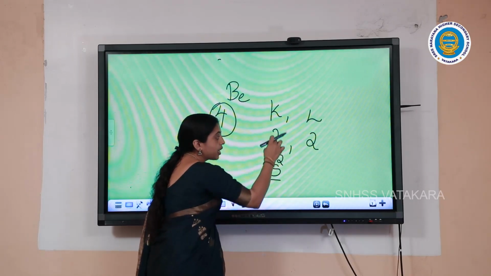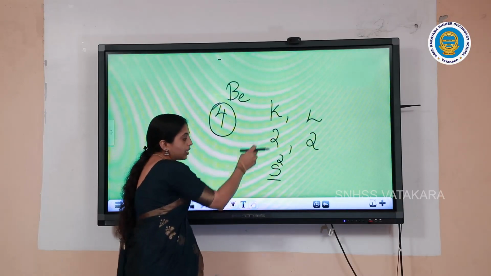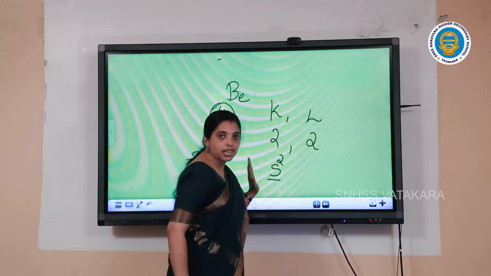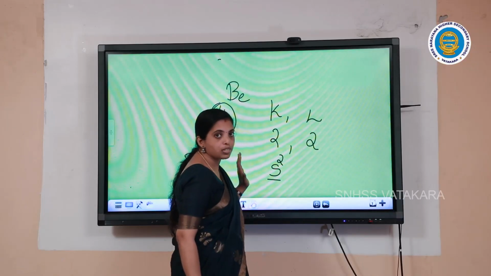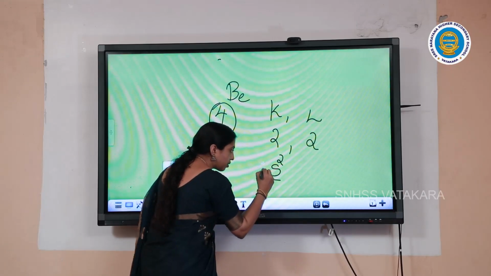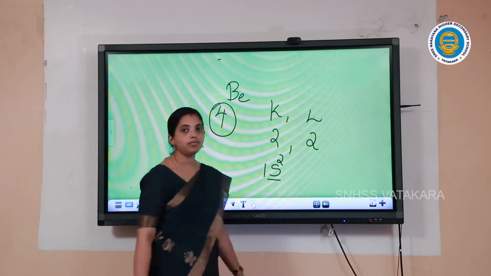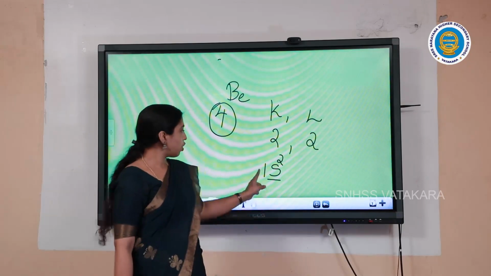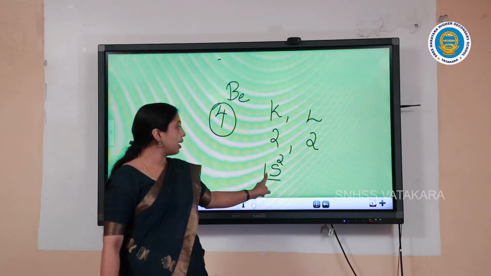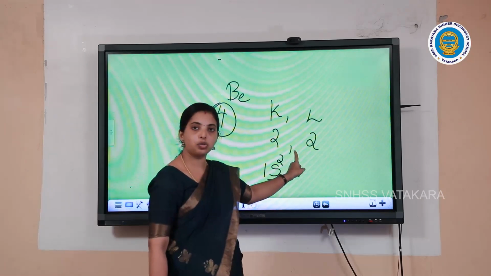So this is the subshell of K. The position of K is 1, so you write 1 here. You can read it as 1s2.